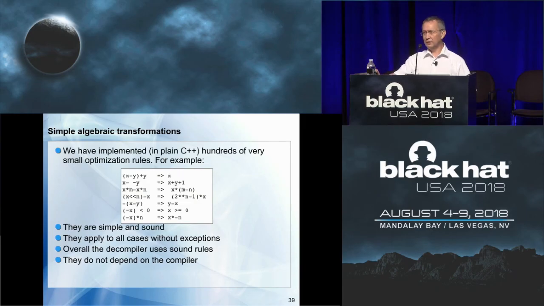All these rules work regardless of the compiler. And I'm happy to say that virtually all transformation rules that we apply to the microcode are like that. They are sound, they are simple, and therefore we are quite sure that the output will be correct.